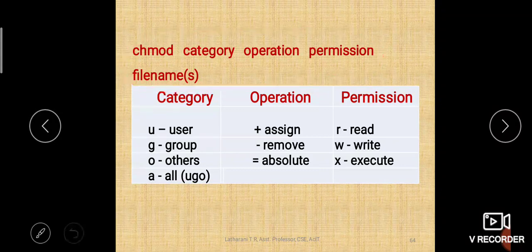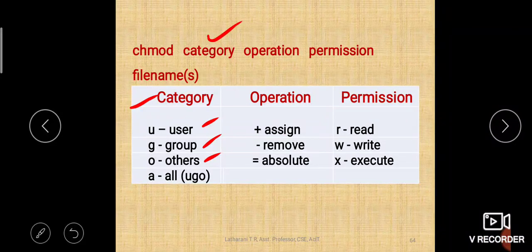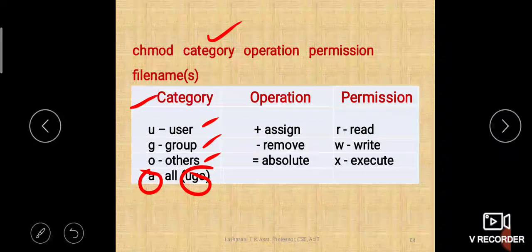Let us see what values you can give for the category. You can give user category, group category, others category, or for all of them you can say A, or UGO. For user it is U, for group it is G, for others it is O. Only a single letter you will use.